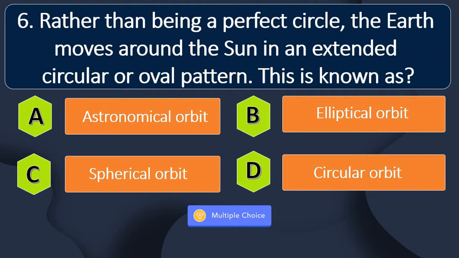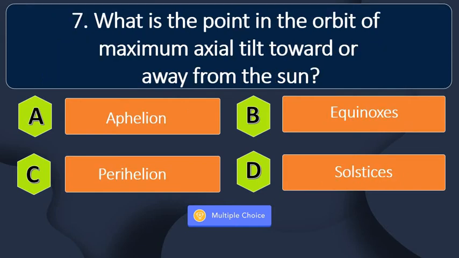It is called a spherical orbit, and that is letter C. Number 7. What is the point in the orbit of maximum axial tilt toward or away from the Sun? A, aphelion, B, equinoxes, C, perihelion, and D, solstices?